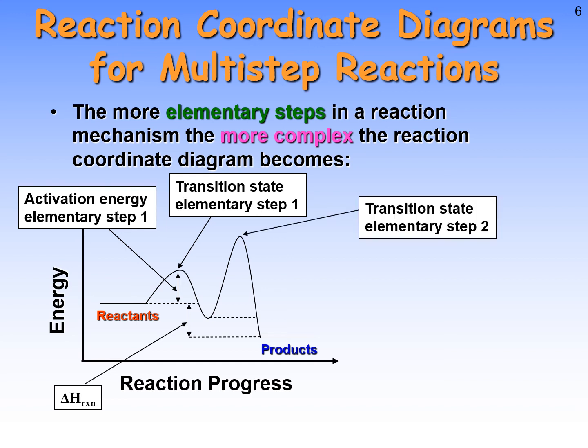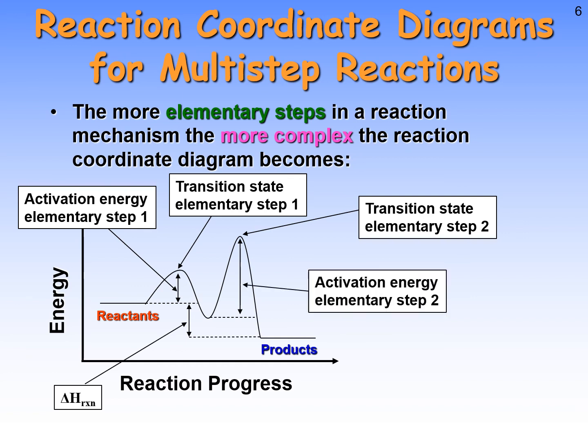After that, the peak of the second step is going to be our transition state of elementary step 2. And our activation energy will be this arrow going from the peak to the bottom of that part of the graph. That's our activation energy for the second step.